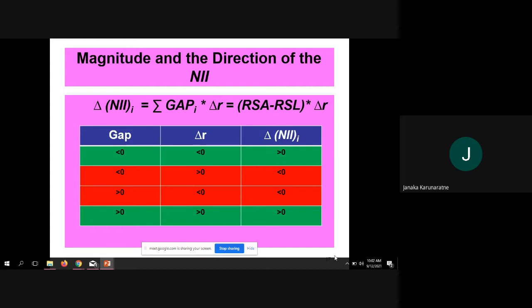The opposite happens when you have a positive gap but interest rate declines. You have a negative impact. So this is broadly what happens for any financial institution when the interest rate goes up or down, depending on the gap they have.